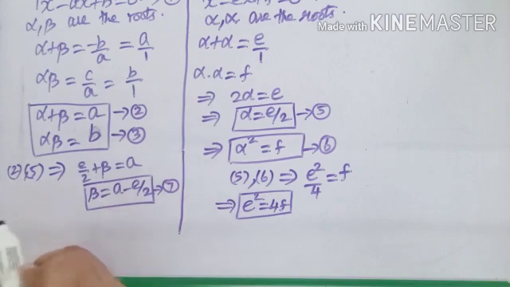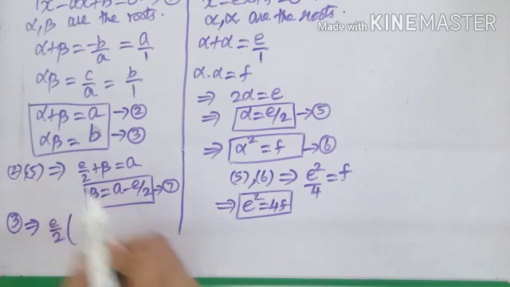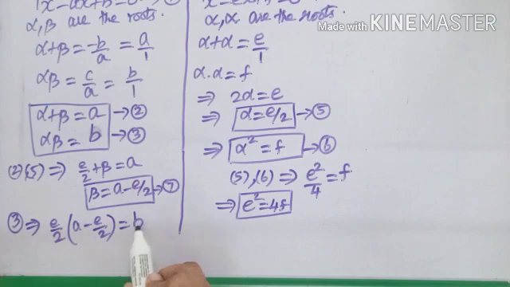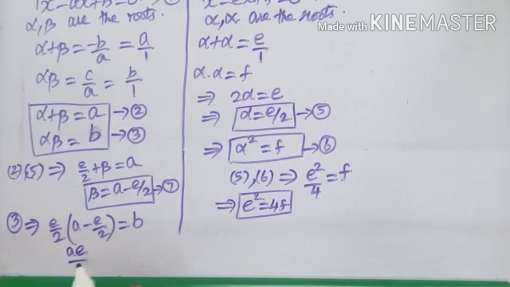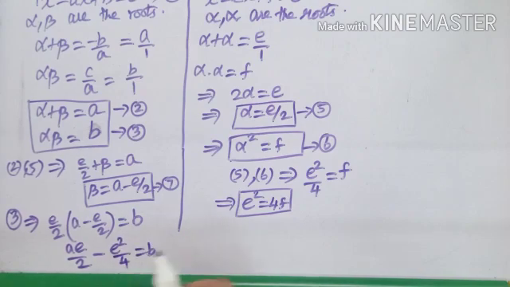Put this in the third equation. So what is the third equation? Alpha value e by 2, beta value a minus e by 2 equals b. Multiplying this, it is ae by 2 minus e into e, what do I get? E square by 4 equals b.